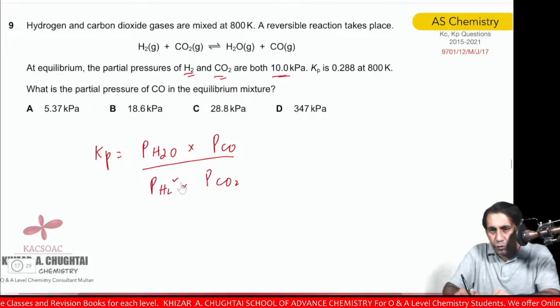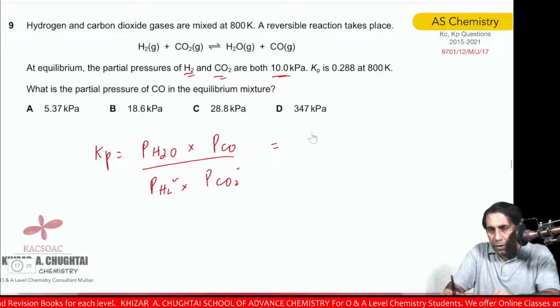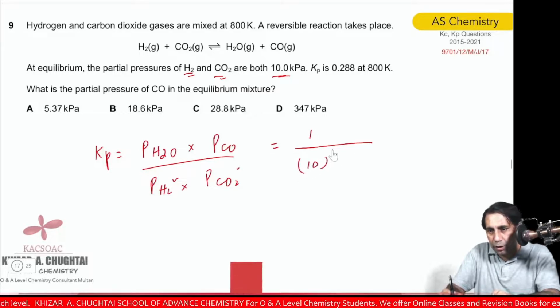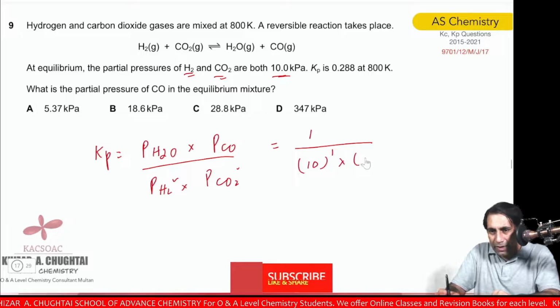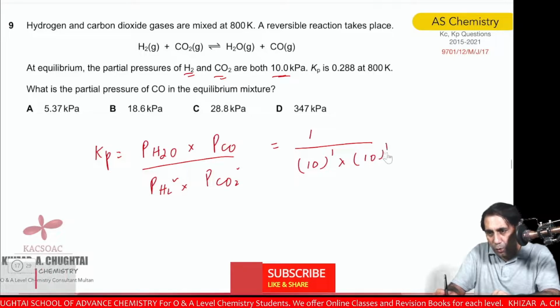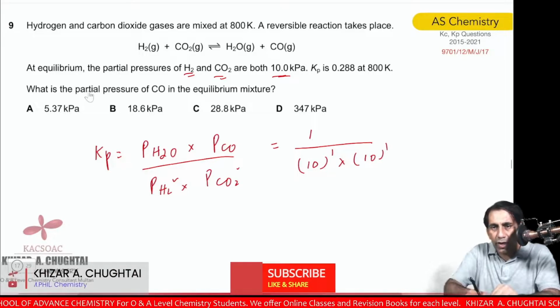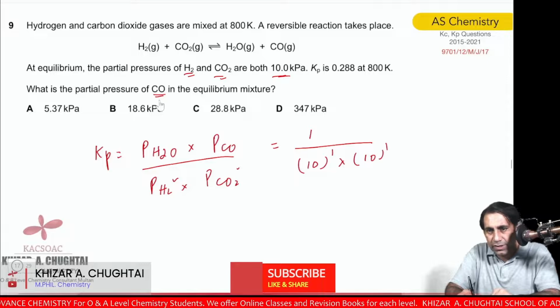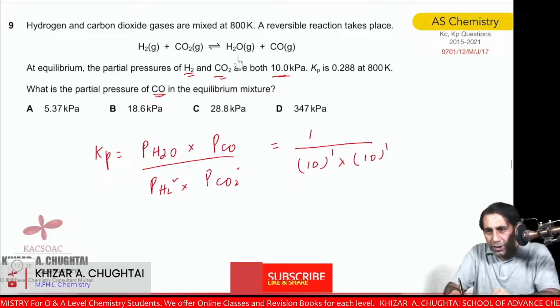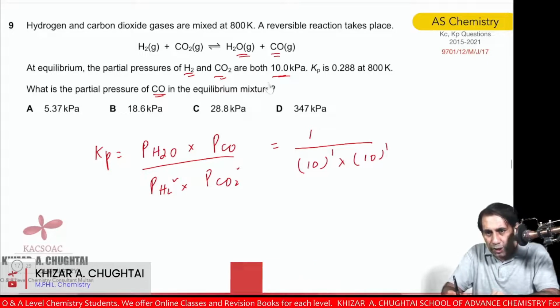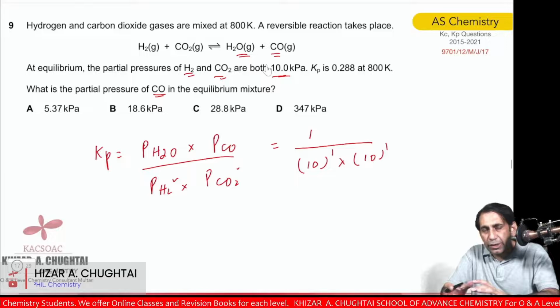So partial pressure of H2 is 10 raised to power 1 multiplied by CO2 is 10 raised to power 1, and we are supposed to find the partial pressure of CO, right? So these both have the same mole ratio. Their partial pressure will be equal.